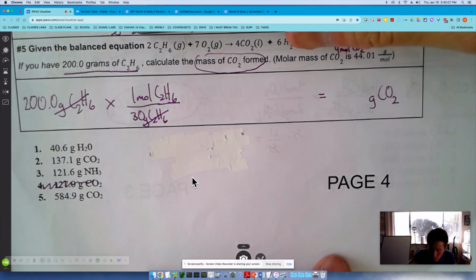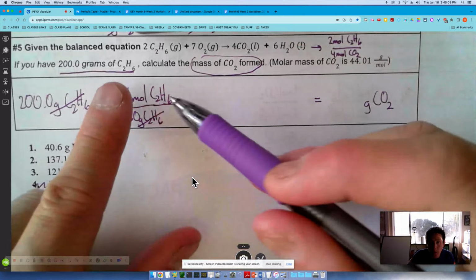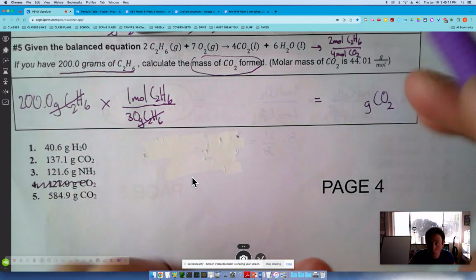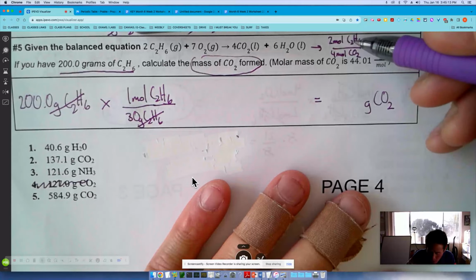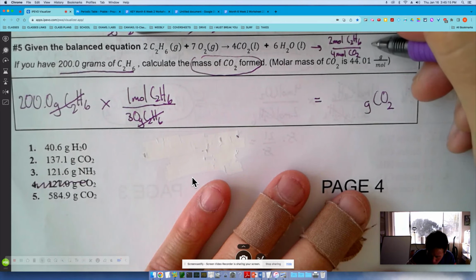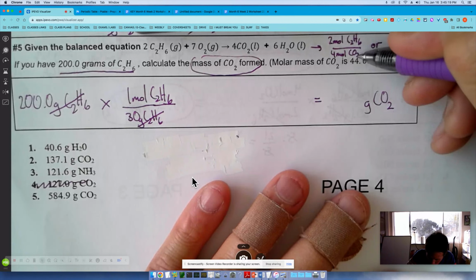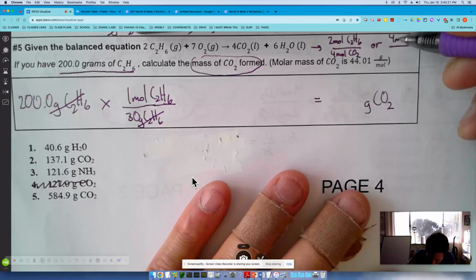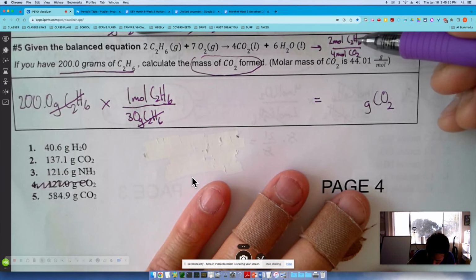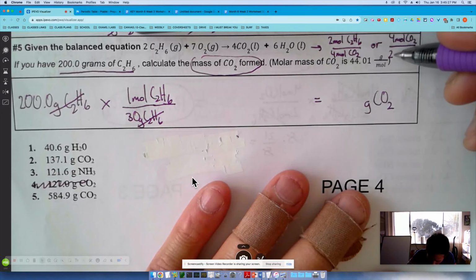Great. I can multiply this to this. Or, instead of writing it in this order, you have to look at the alternate version, which is 4 moles of CO2 on the top, and 2 moles of C2H6 on the bottom.